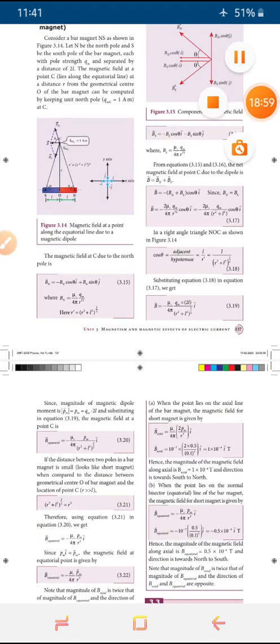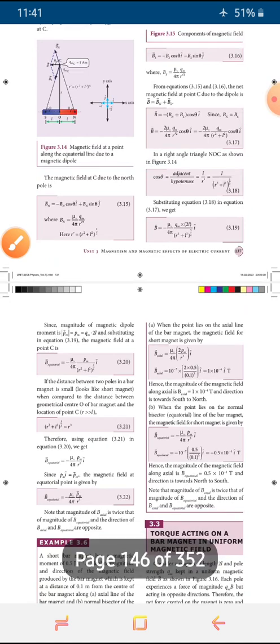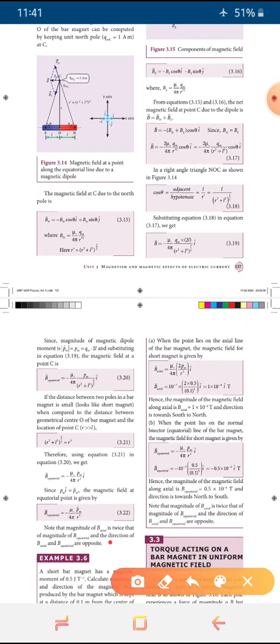This answer is from the topic 'consider a bar magnet NS' shown in this picture, figure 3.15, up to the answer before 3.6, on the next page, before 3.6 up to the opposite page. This is the answer for this question for equatorial. Study this thoroughly and send a photocopy through WhatsApp to my personal number. And the remaining topics we'll discuss in upcoming classes. Okay, thank you, students.